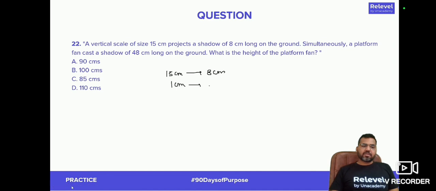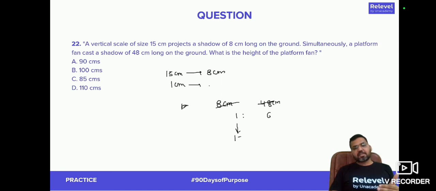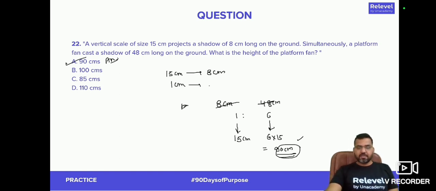When the shadow was of the length of 8 centimeter, I want the shadow to be of 48 centimeter, right? Now this ratio is 1:6. In the case of 1, I need the scale length to be 15 centimeter. For the scale of 6, I will be needing a scale length of 90 centimeter. That means the platform fan must be 90 centimeter. Option A would be the correct answer to the question, right?